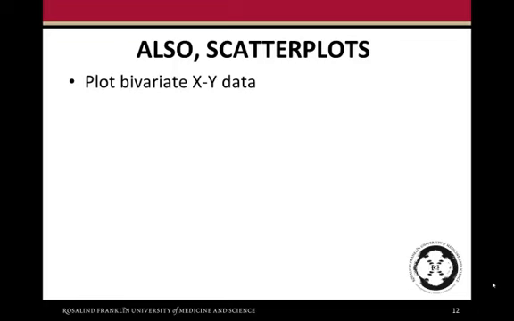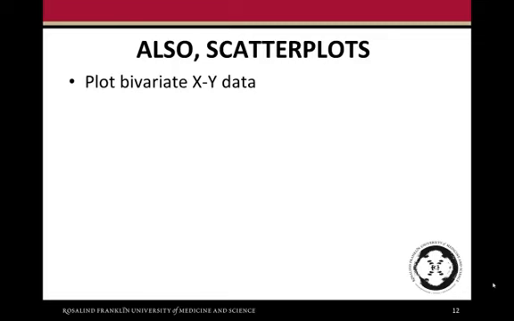And a scatter plot is where we have bivariate x and y data. And what that means is for any individual data point that we have, there's a value of the x-axis data point and the y-axis data point for one particular observation.